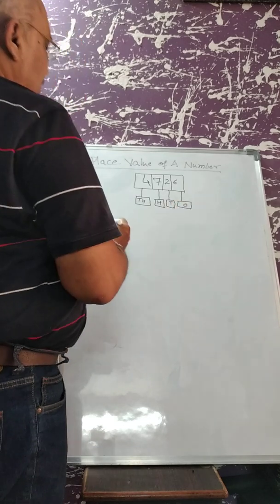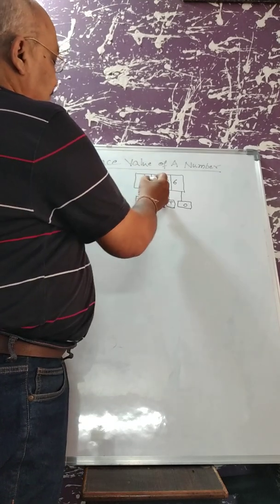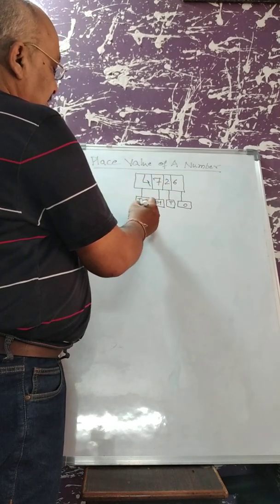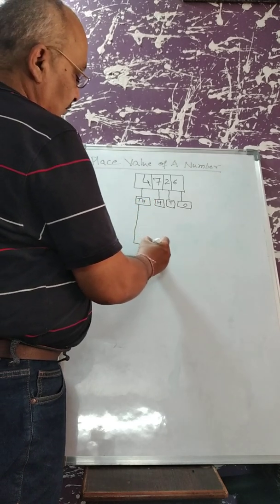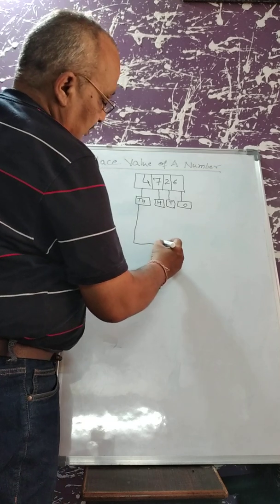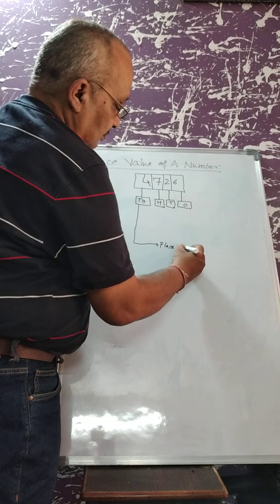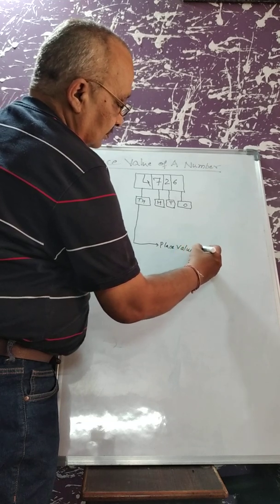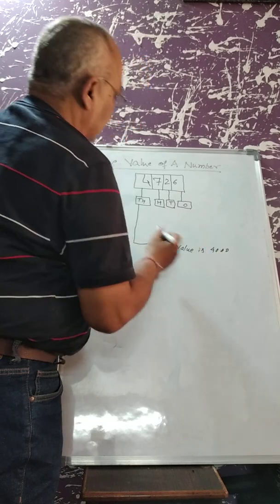Again, suppose 4 is at the place of 1000, it means its place value is what? Its place value is 4000. Okay.